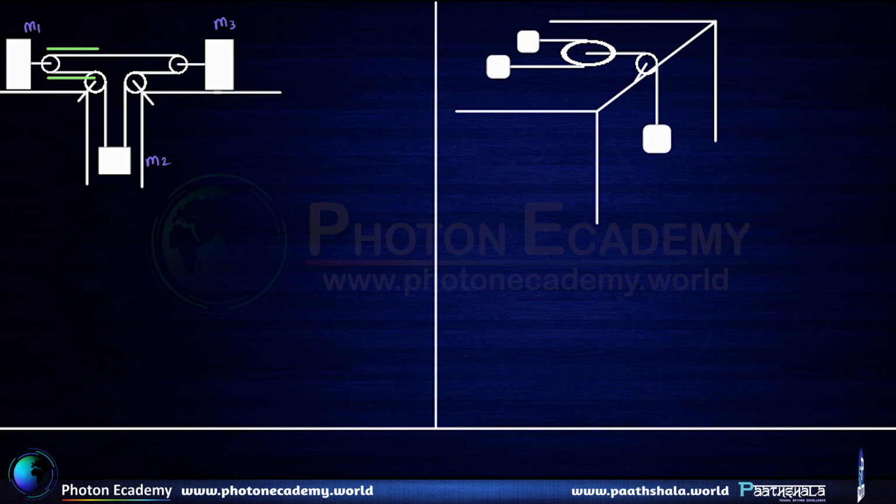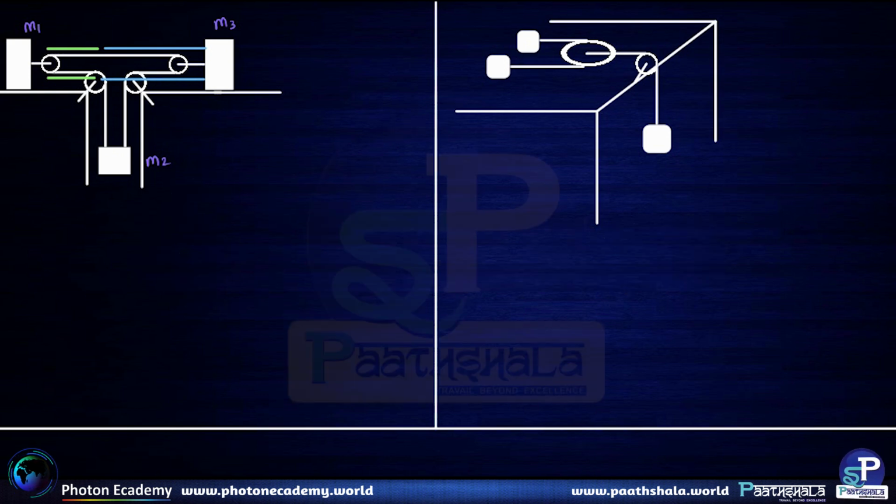Assuming this particular distance to be x3, this also happens to be x3. Interesting part to note over here is the fact that this much part, which is the distance between the two fixed rigid pulleys, this much part of the length of the string is always constant and it is not moving.